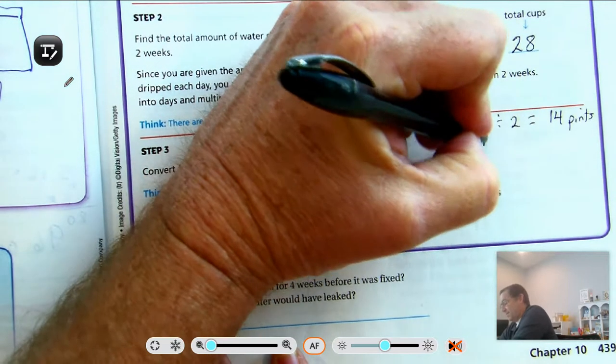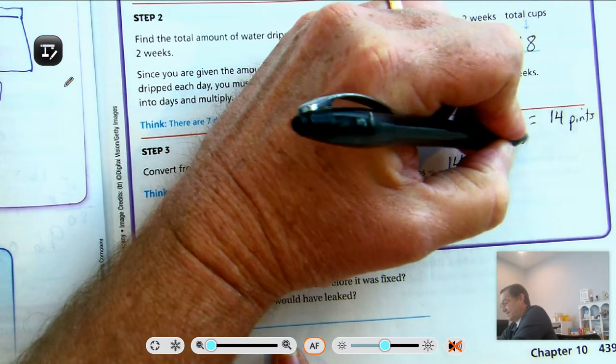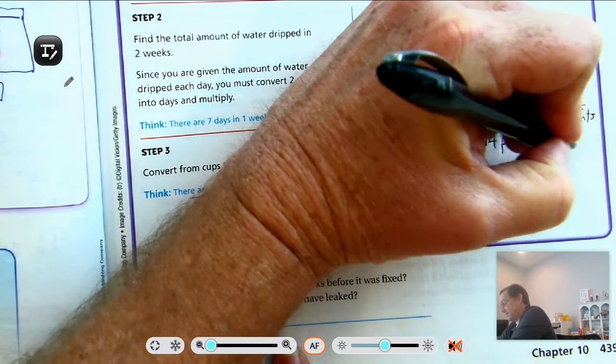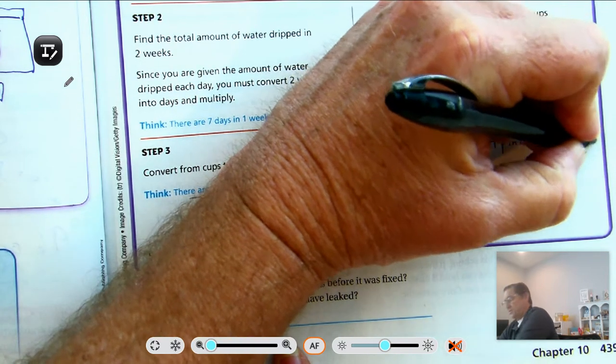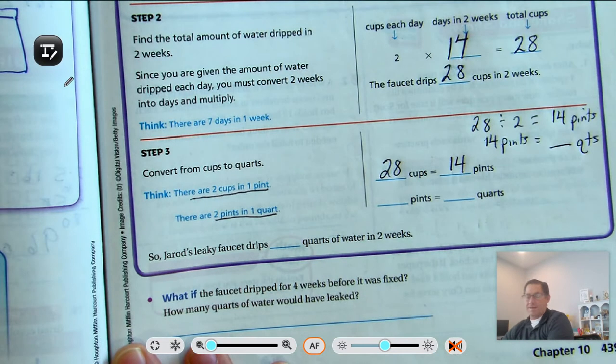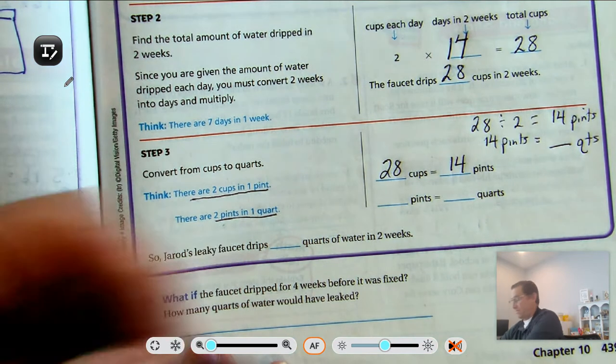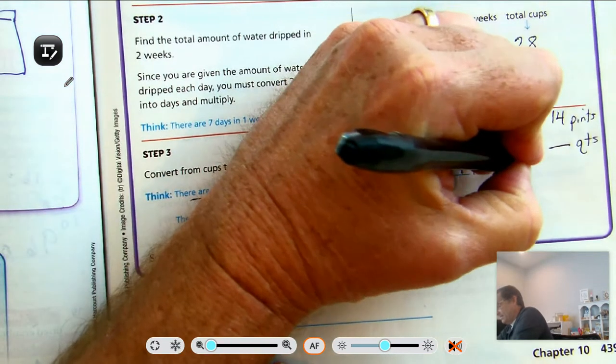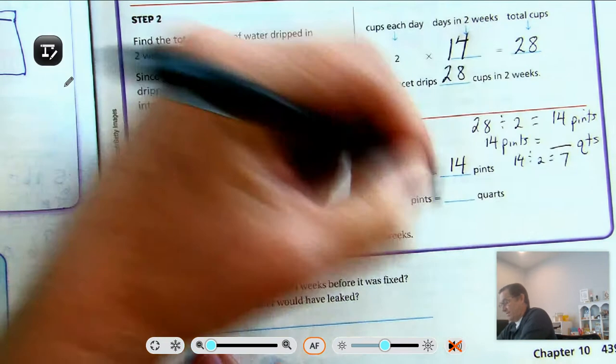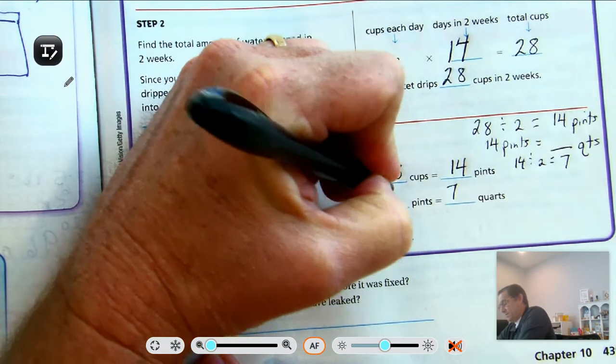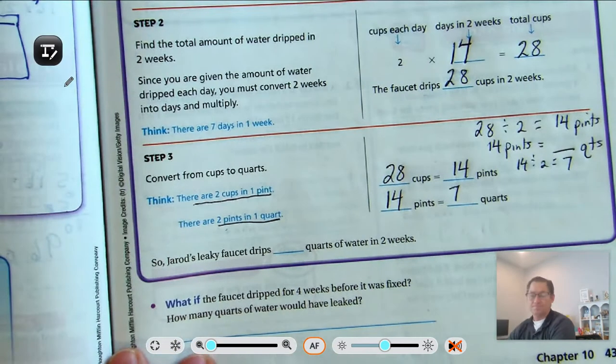Okay, now we need to change from 14 pints to quarts. And there's 2 pints in every quart. So divide 14 by 2. So we have 7 quarts.